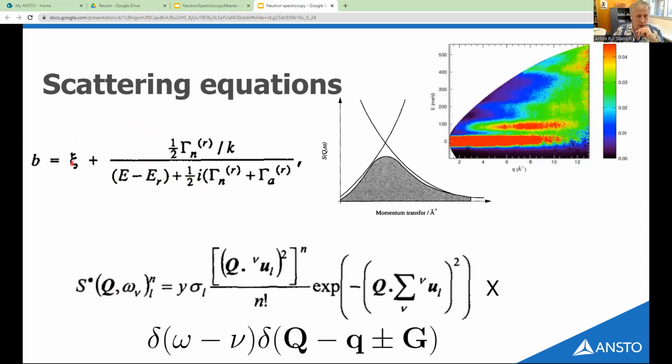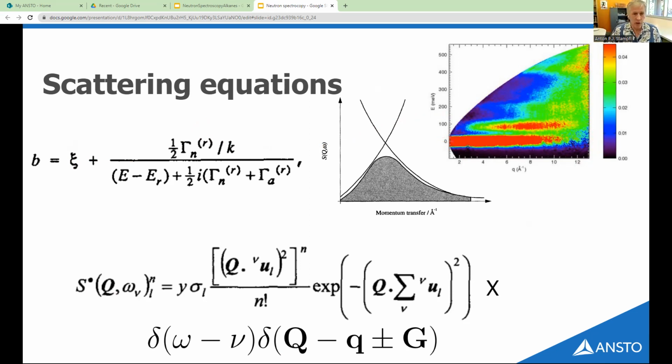So you have the Xi here, or Z here. Excuse me, I've got to remember the Greek way of pronouncing it. I think it's Z here, which is the hard sphere scattering potential. And then you've got the resonance terms, and the resonance terms is what we see here.